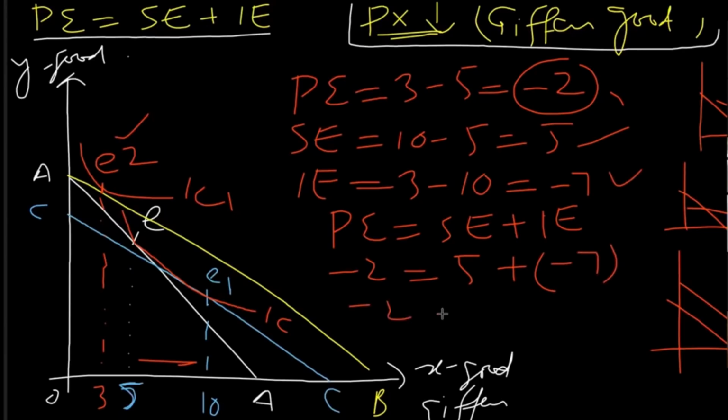Okay, minus 2 is equal to 5, and when we remove this bracket, the plus sign multiplied with the negative sign will make it negative, so minus 7. So minus 2 is equal to 5 minus 7, which will also give us minus 2. So minus 2 is equal to minus 2. So again we prove that in case of given goods, price effect is equal to income effect plus substitution effect.